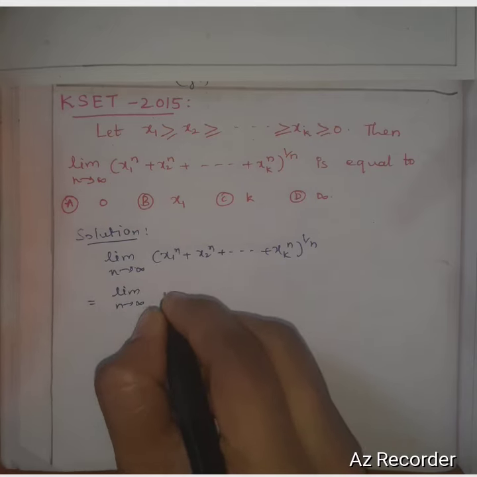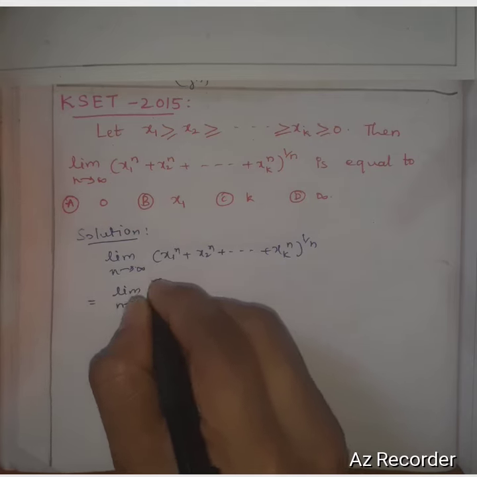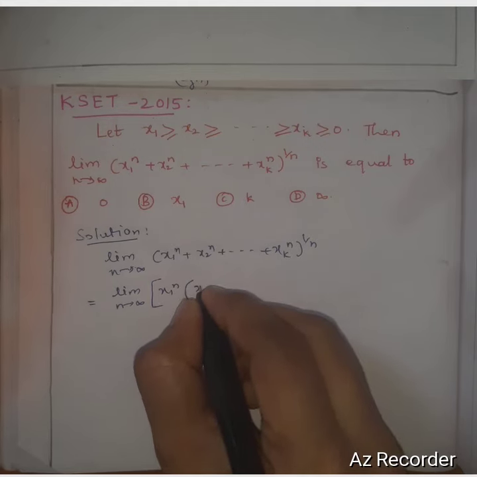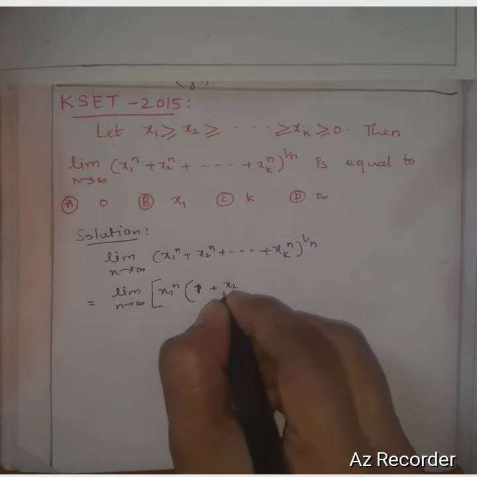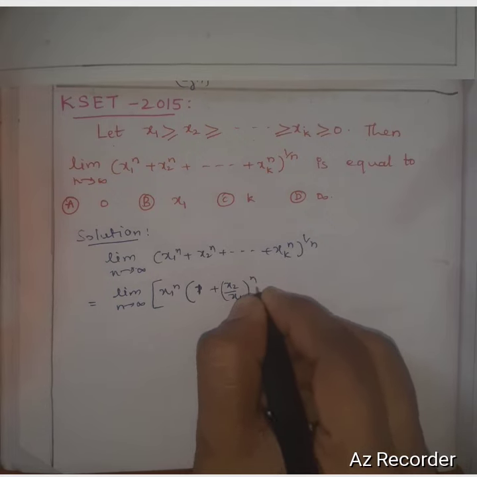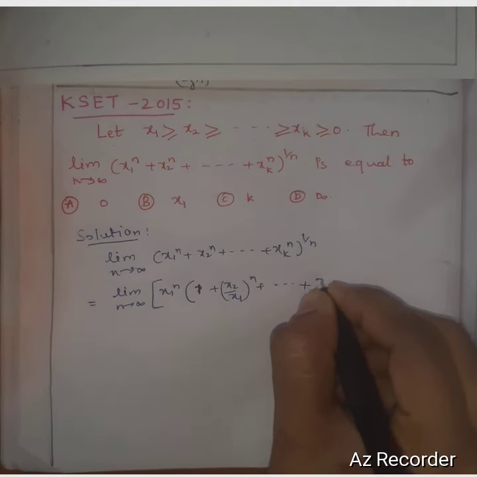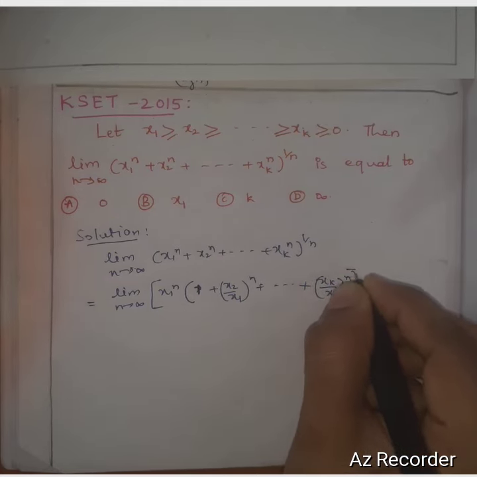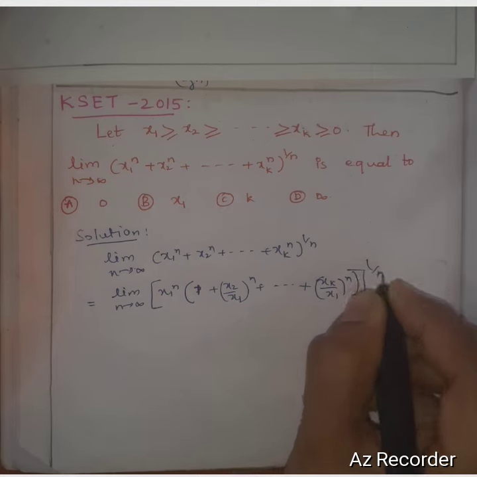Let us see. x1^n, if I take it common, then this will be (x1^n)(1 + (x2/x1)^n + and so on + (xk/x1)^n) whole to the power 1/n.